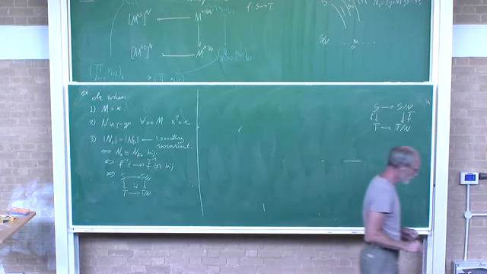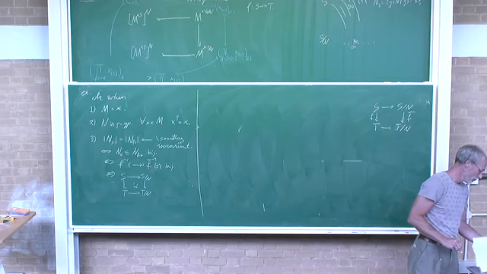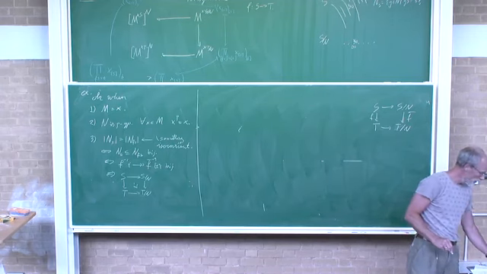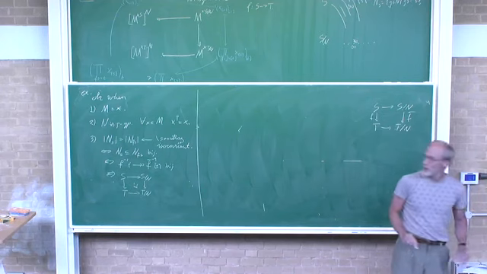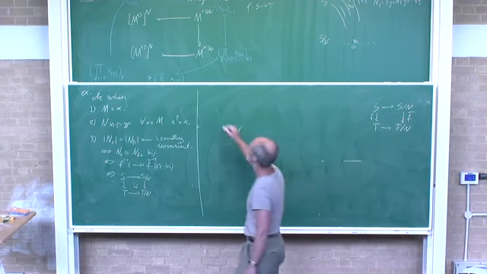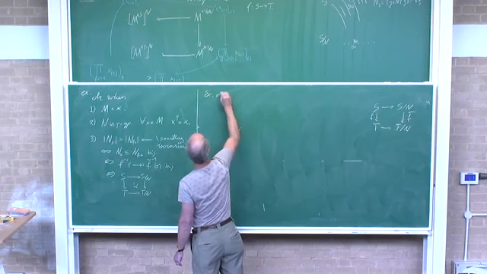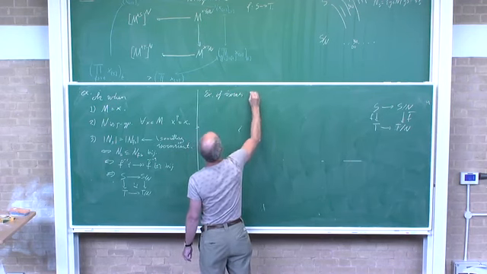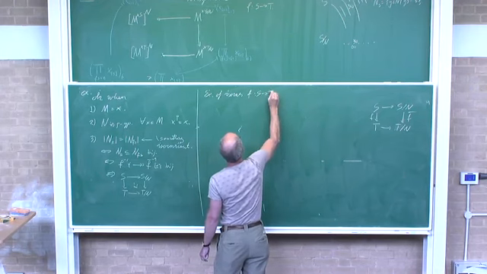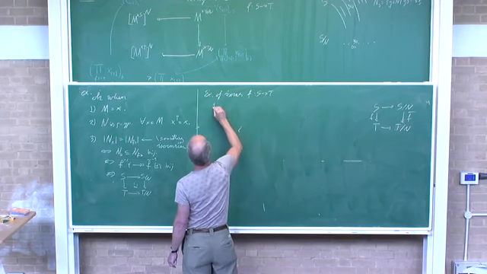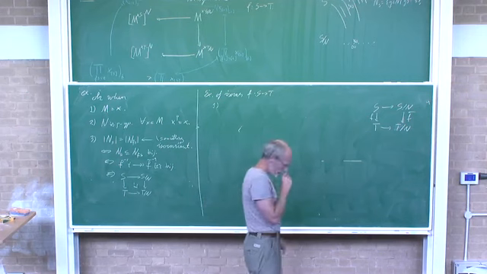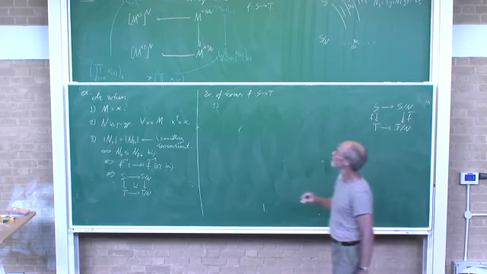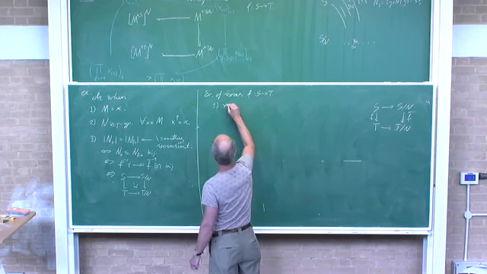So, examples of isovariant maps. Well, of course, the trivial map is. But apart from that, all inclusions.